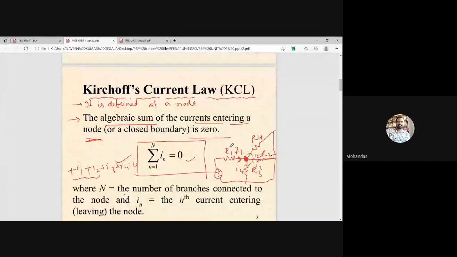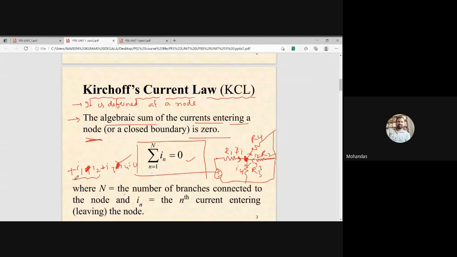And I2 and I4 currents are leaving. Leaving means we can take negative. So we write I2 current with a minus, I4 current with a minus. That is the meaning of algebraic sum. We should follow some sign convention. That is the meaning of algebraic sum.